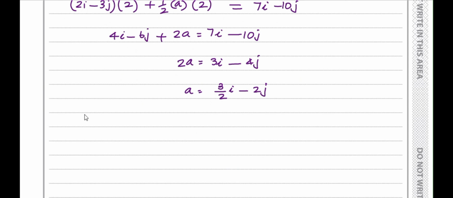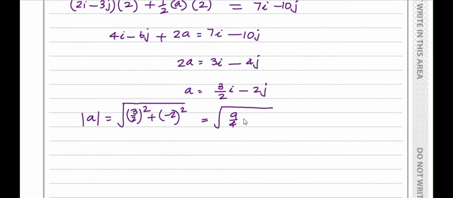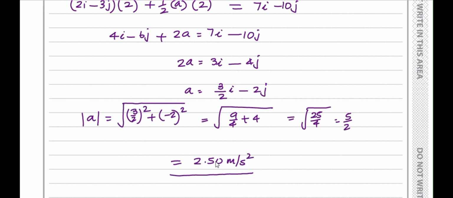We need to find the magnitude as per the question. So magnitude of a equals square root of (3 over 2) squared plus (minus 2) squared equals square root of 9 over 4 plus 4, and simplifying we get square root of 25 over 4, which is equal to 5 over 2, which is equal to 2.5 meters per second squared as required in the question.